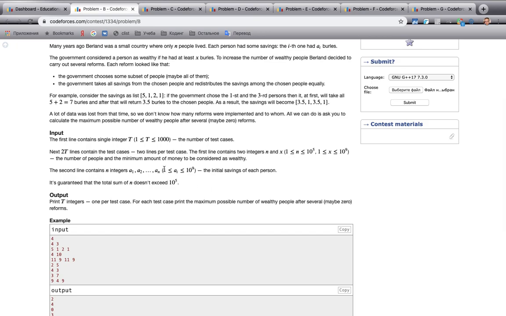So once again, we can take some subset of numbers and change every number in this subset to the average of this subset. We can do this as many times as we want, and we want to maximize the number of wealthy people.